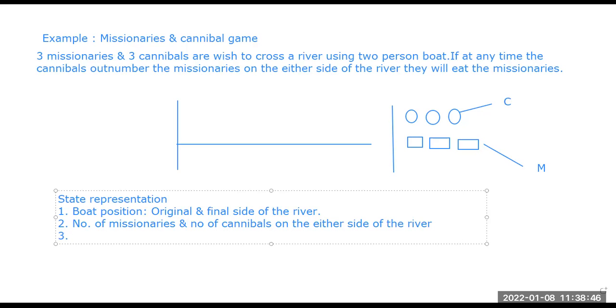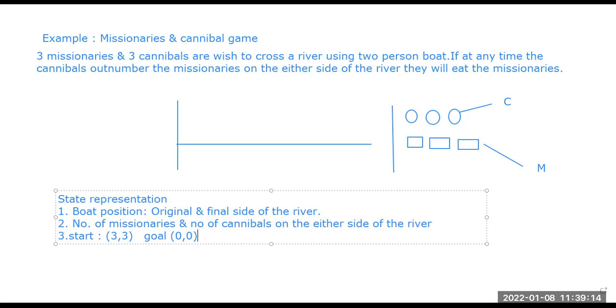The start state is 3, 3 and the goal is 0, 0. We start with 3 cannibals and 3 missionaries, and my goal is to reach 0, meaning all the cannibals and all the missionaries need to cross to the other side.